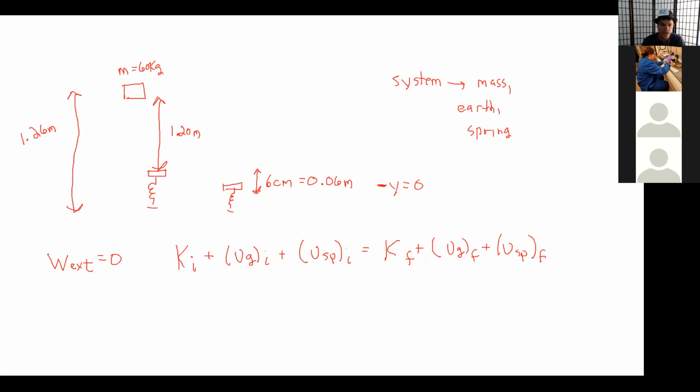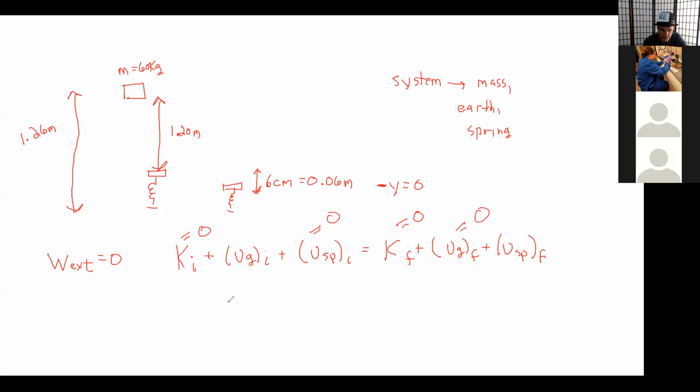If I look, this thing started from rest, so my initial kinetic energy was 0. It ended at rest, so my final kinetic energy was 0. The spring is initially not compressed, so it has no elastic potential energy to begin with. And I defined y equals 0 to be when the spring is fully compressed, so it has no final gravitational potential energy.